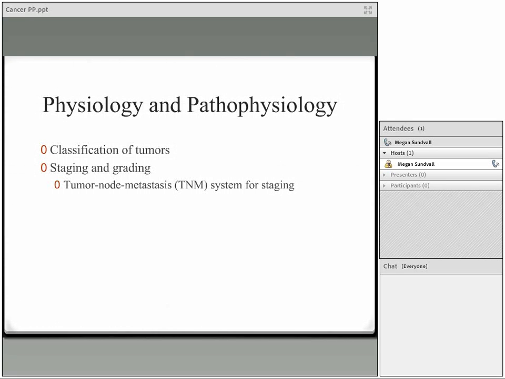Grading, on the other hand, is done by a pathologist with a biopsy. Basically what they're looking at is the differentiation, or how it looks under the microscope. Is it specialized or not? We grade things on a scale of 1 to 5, and as the grade increases, the differentiation decreases, meaning the cell becomes less specialized.